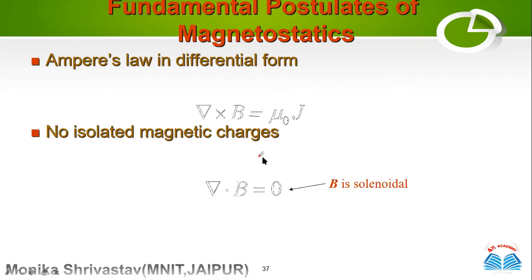If there is no isolated magnetic charge, that means no current density, that means J is zero. If J is zero, then del cross B is also zero, and del dot B is also zero. If del dot B is zero, then B is solenoidal.